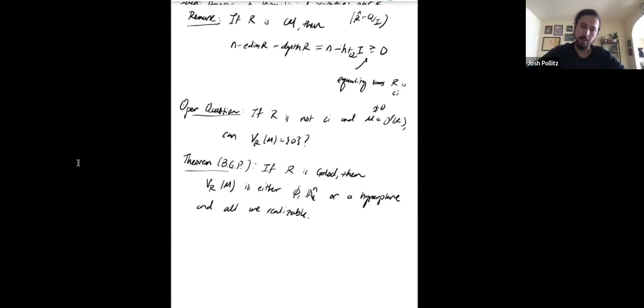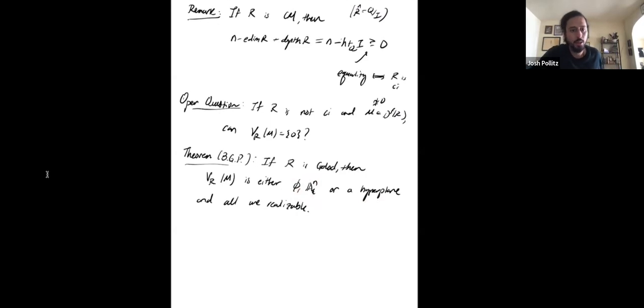It's either the empty set, all of affine n-space, or a hyperplane. And all of them are realizable.